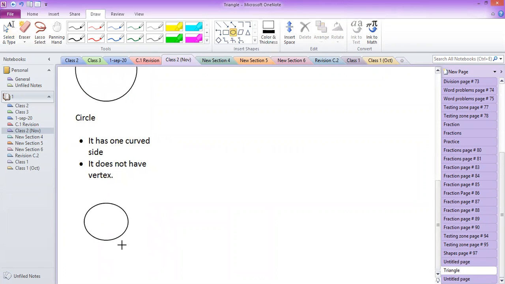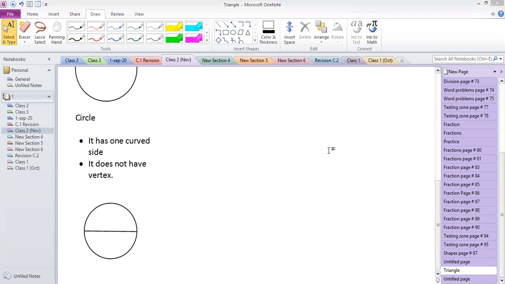I draw this circle, and if I divide it by a line like this. So guys, this is a circle. Now I divide this circle into two equal parts.